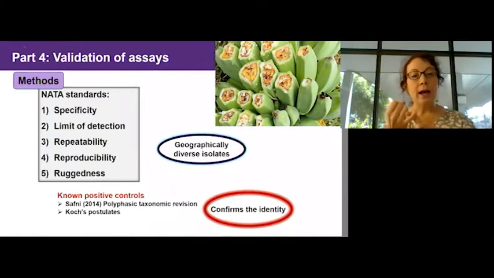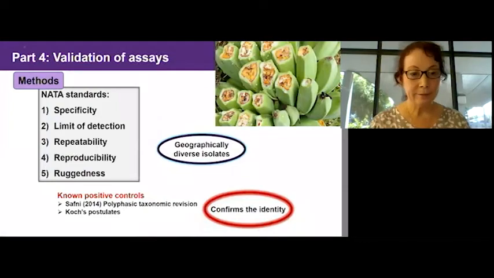We look at the assay's repeatability: the assay is repeated multiple times by the same person. We look at reproducibility, which is assessed by having a different person conduct the PCRs in the laboratory. For ruggedness, we changed the chemistry, and here we change the Taq.